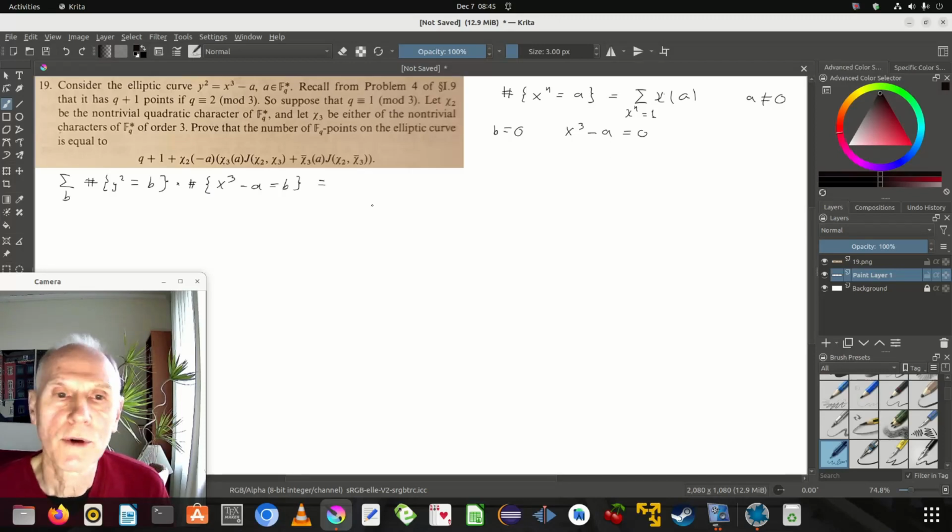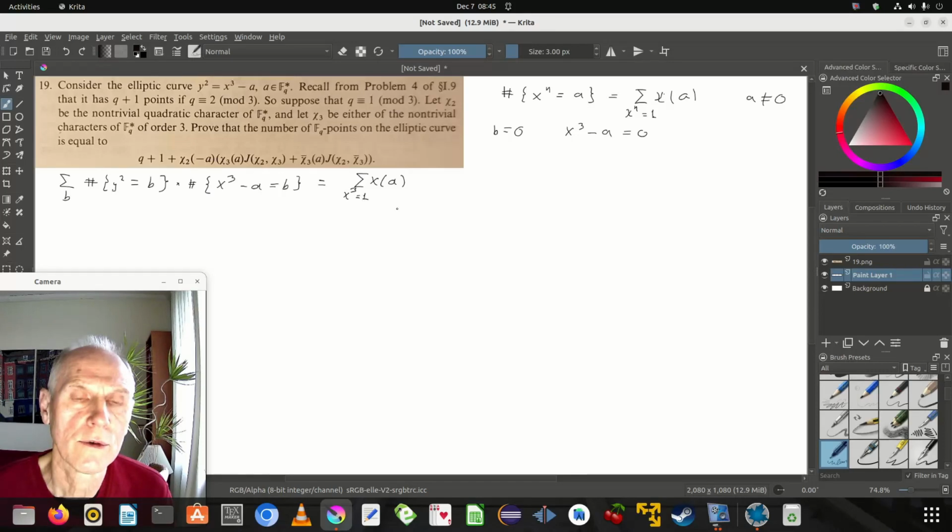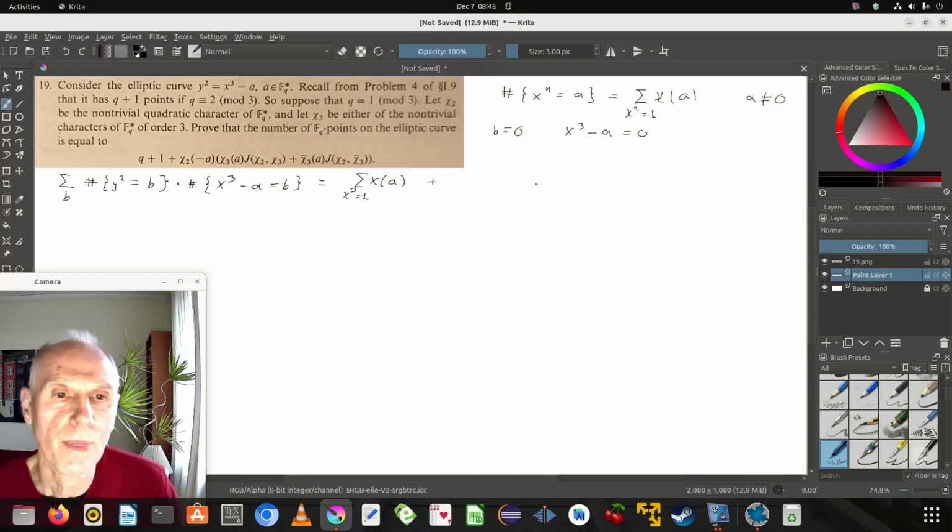So the number of solutions here is the sum of chi of a, chi to the third is unity, and the other case is a plus b vanishing.